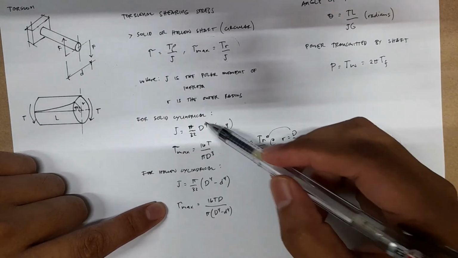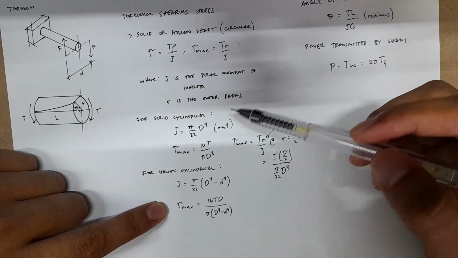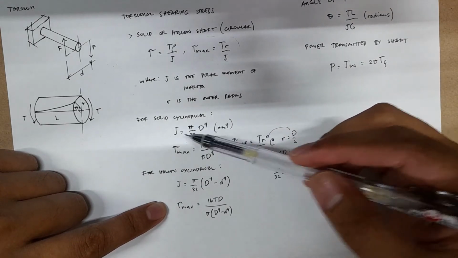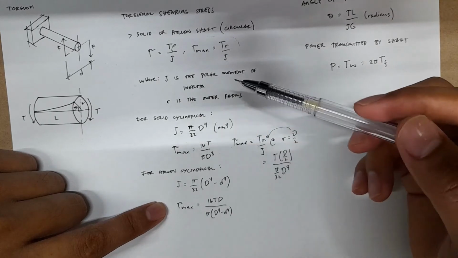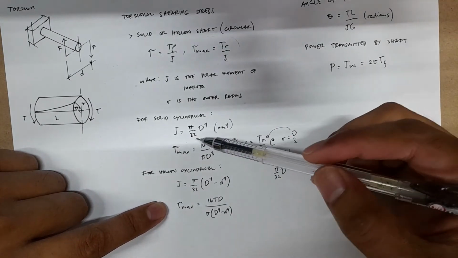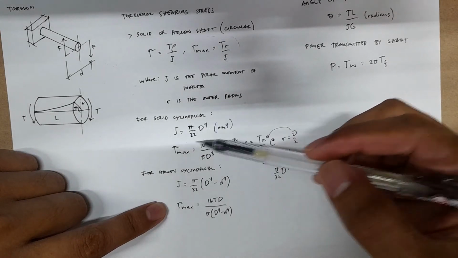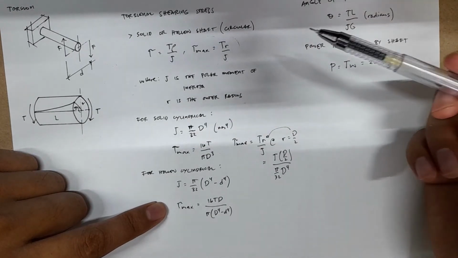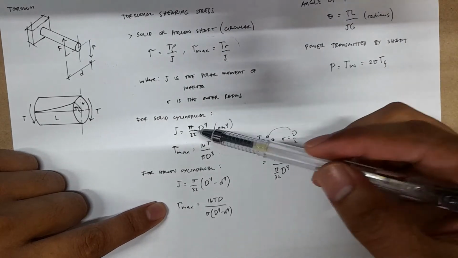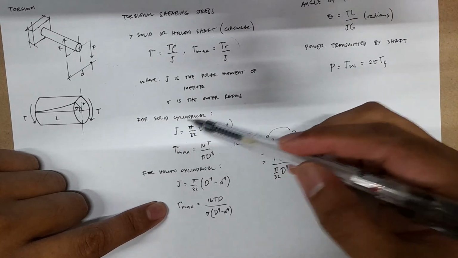By the way, you can find this equation in some books, especially on mechanics or statics of rigid bodies, for your moment of inertia, polar moment of inertia. There is a table for all shapes, so you can refer to your statics of rigid bodies books or mechanics books and browse through the tabulated equations for different shapes.